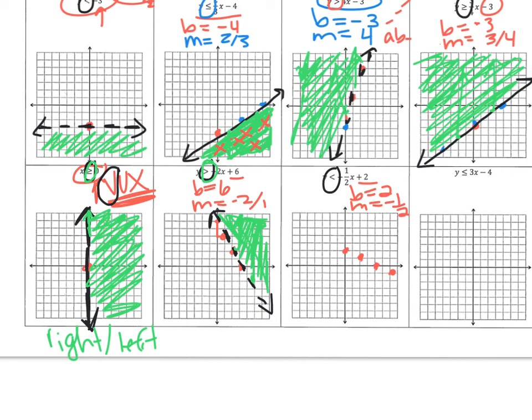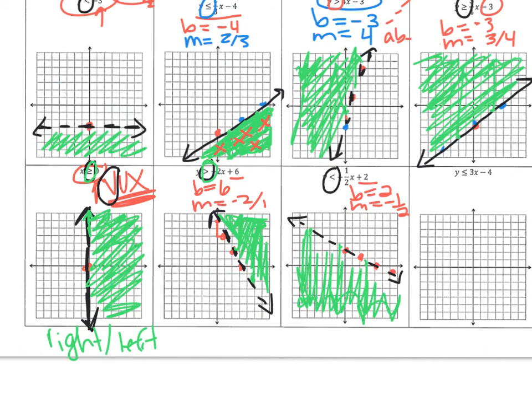Once again, we have dotted because I don't see my equal to. And now we're doing less than. So I'm going to put my pencil on that line. I need to go down, down, down. So below my line is where I'm graphing.